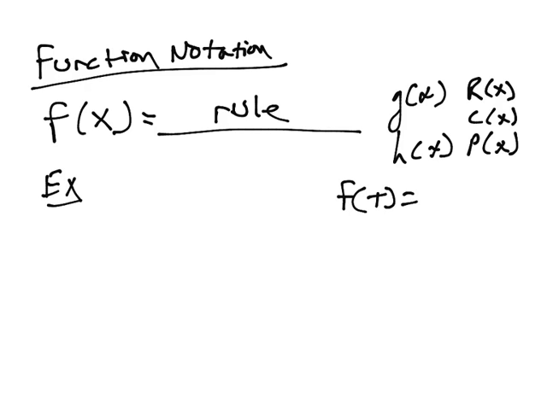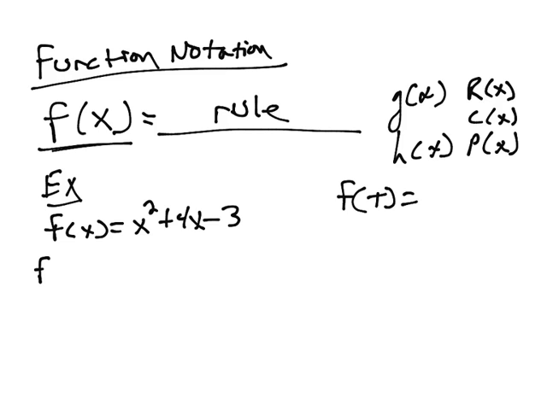They're just labels, but the notation is going to be the name of your function, f, parentheses, your input value, and then you'll pair that up with your output value. For example, if f of x were x squared plus 4x minus 3, then we could plug in some value.